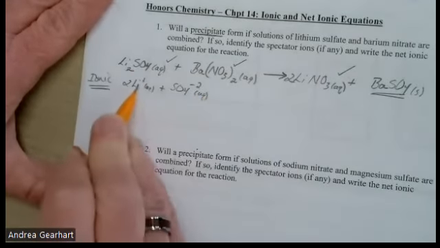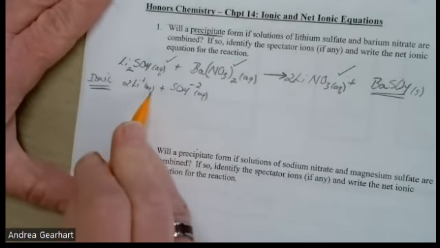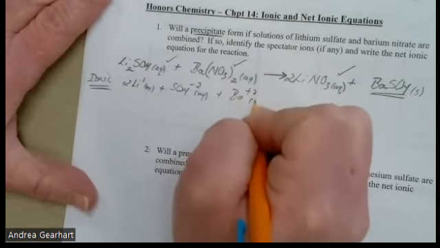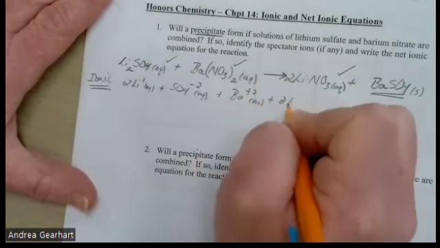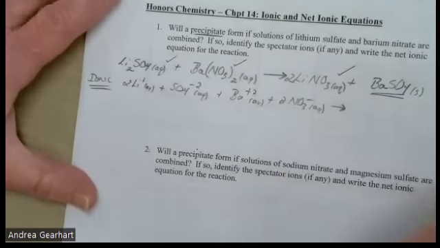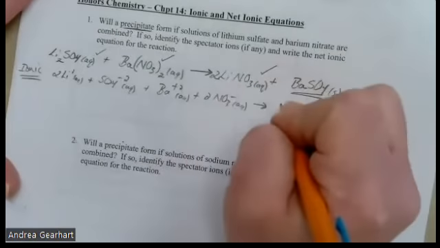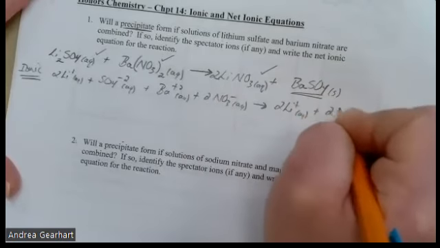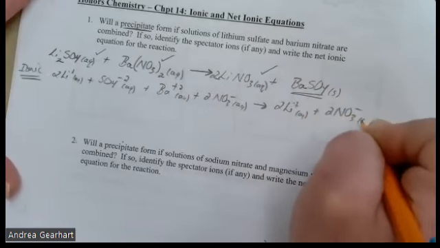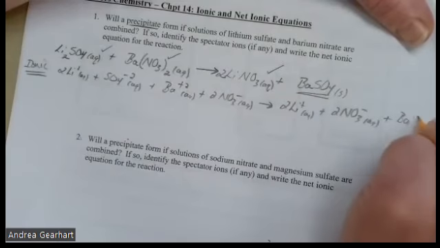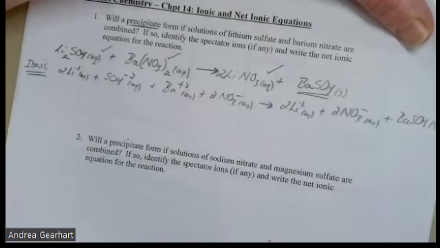You need to have ion charges and phase symbols. Barium +2 and 2 nitrates. We are creating 2 lithiums and 2 nitrates, but this will not be dissociated.